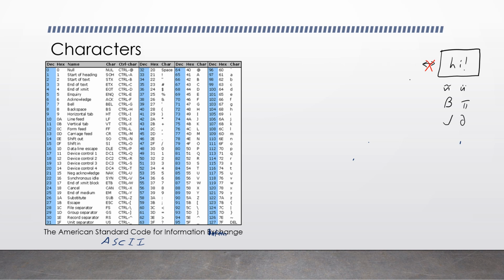And we haven't even thought about the problem of expressing text from alphabets that don't use the Roman alphabet. Russian or Greek or Hebrew or Arabic all use different alphabets.